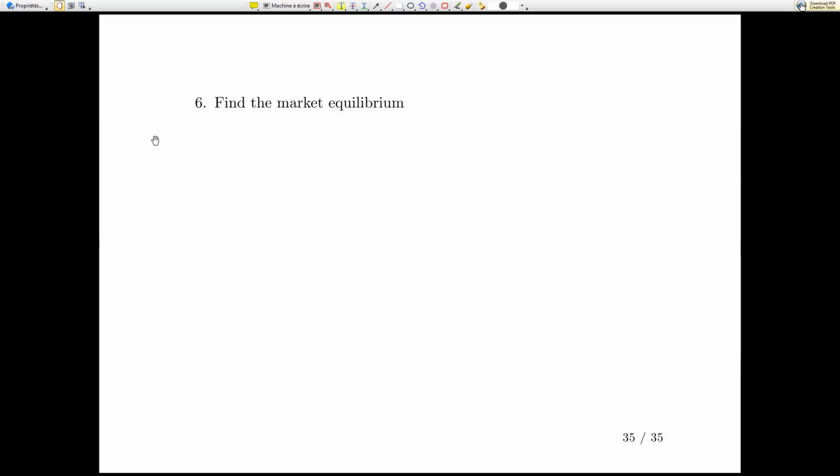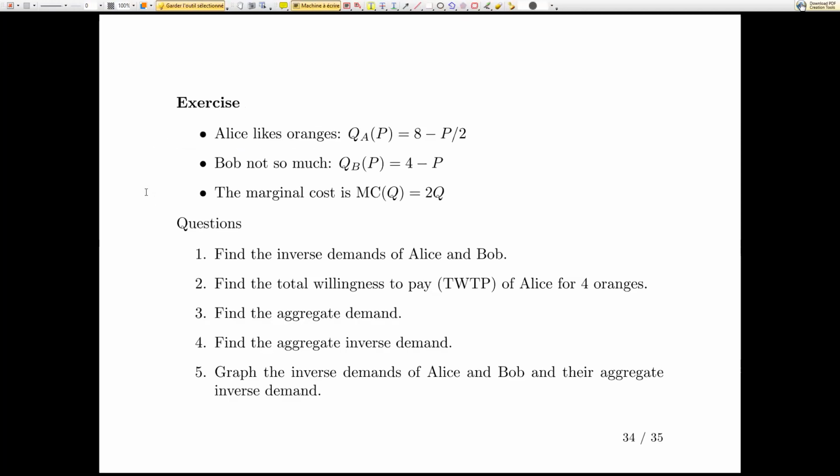So let's start with number 1. Inverse demands. Alice. So we have Q equals 8 minus P over 2.